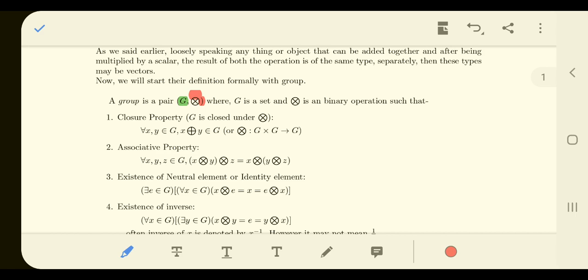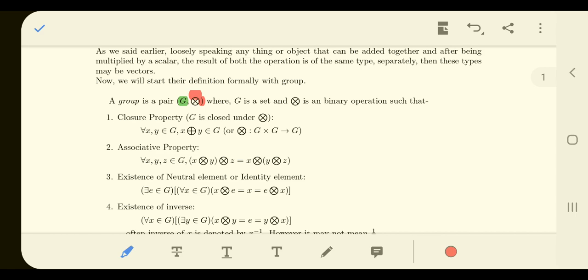Now the other condition is existence of inverse. For every element in G, there must be an inverse with respect to that operation in the set. So what does it mean?